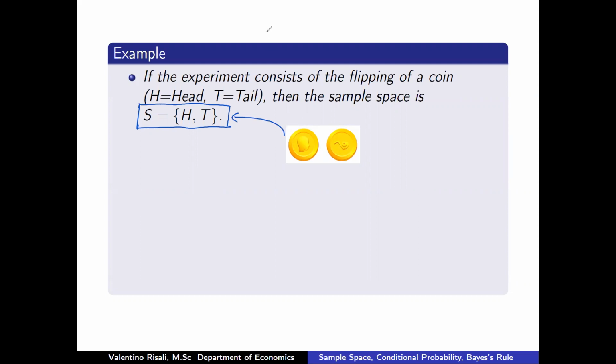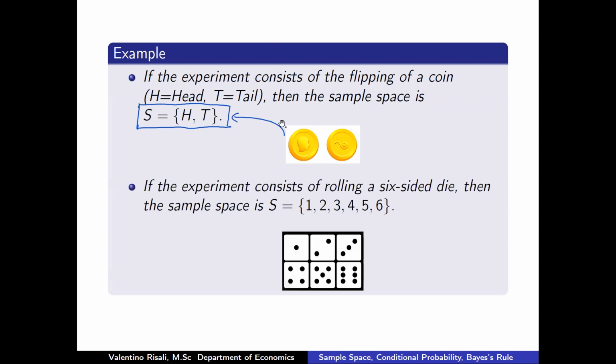And then for the experiment of rolling a six-sided die, we can note that all of the outcomes are the points: the first one only contains a point, and then 2 points, 3 points, and so on until 6 points.